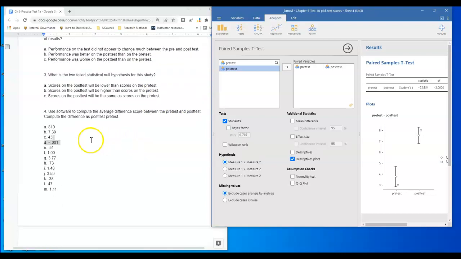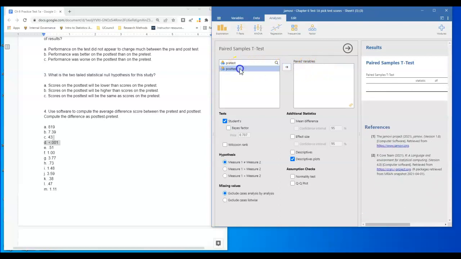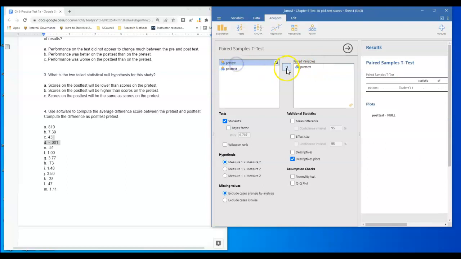Alright, our next question is use the software to compute the average difference score between the pre-test and post-test. And it asks you to compute the difference as post-test minus the pre-test. So the way Jamovi has this set up is that I entered pre-test first and then post-test. To do it in the other direction, I can just do post-test and then pre-test.